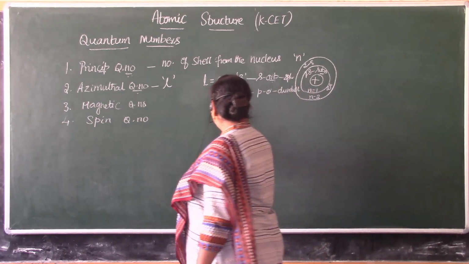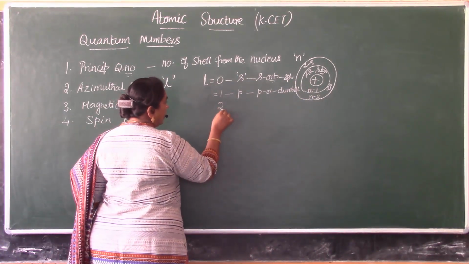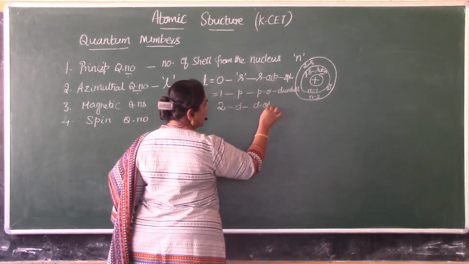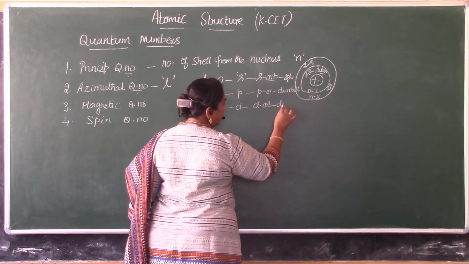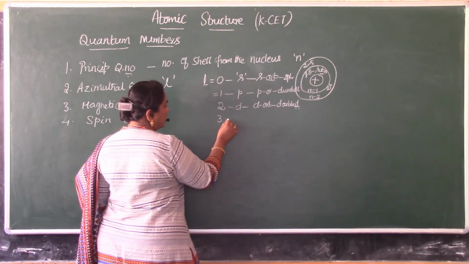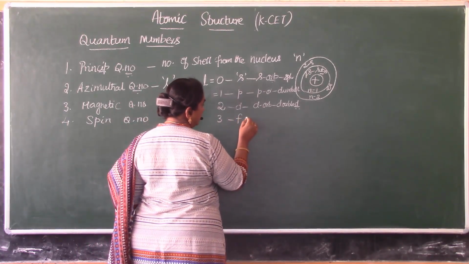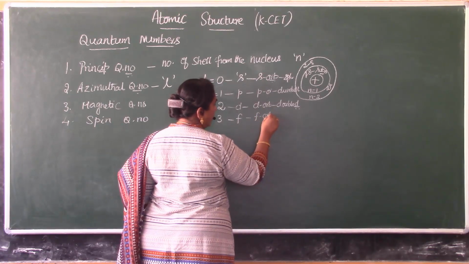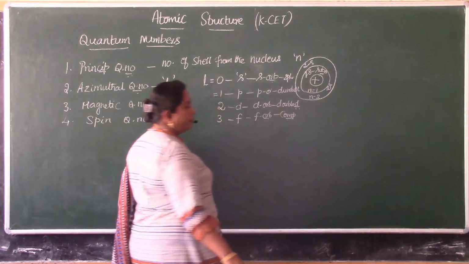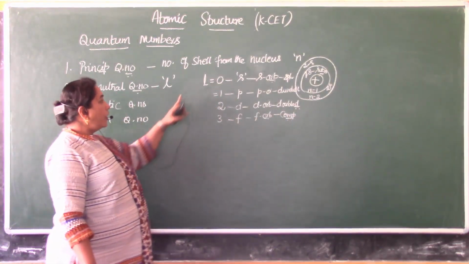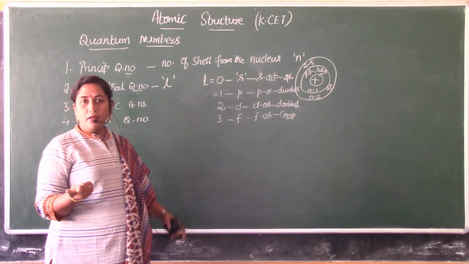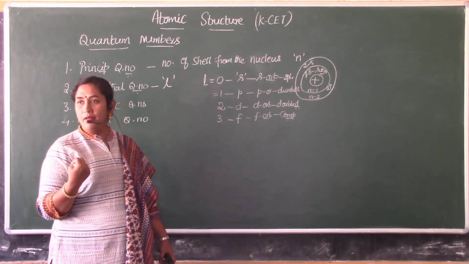Then if L has a value of 2, it indicates d subshell, in turn the orbitals of d, having double dumbbell shape. Then if L is equal to 3, it indicates F subshell, in turn the orbitals of F, which have complex geometrical shape. So if you know the value of L, you can understand the orbital and the shape of the orbital. So two things have been revealed by this.